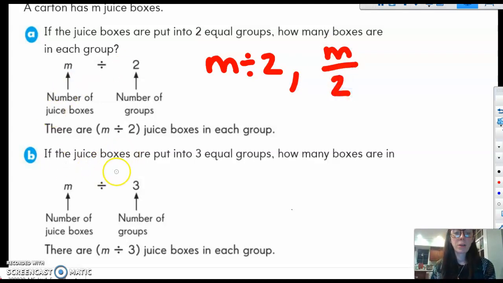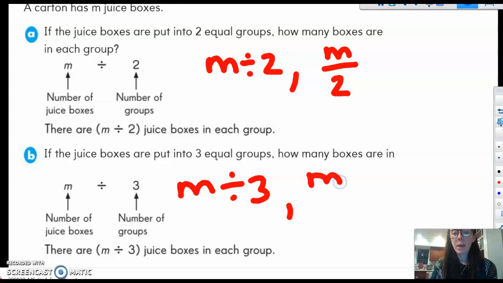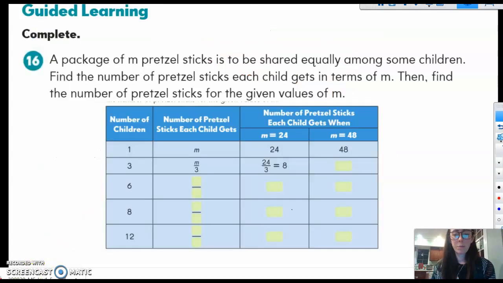Okay, now if I look down here at this example, I can write this as m divided by 3, like we see here, or m over 3. Both of those are showing us the same exact thing. We're dividing the variable by that number.